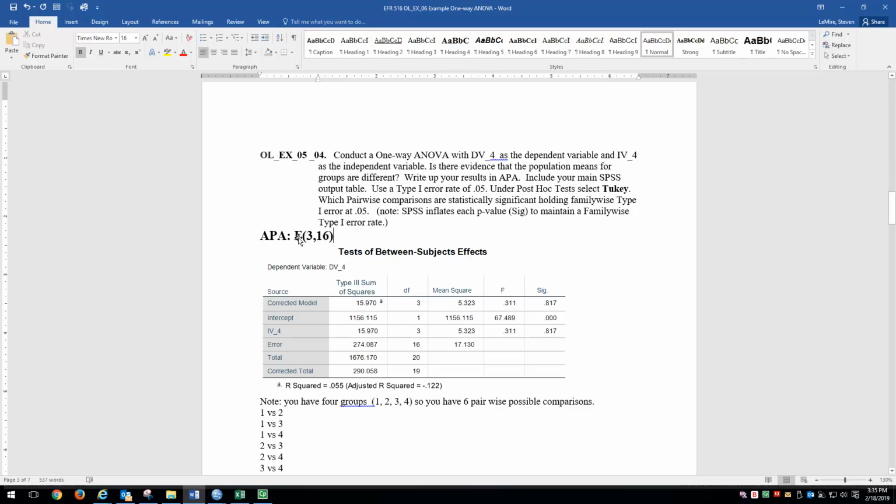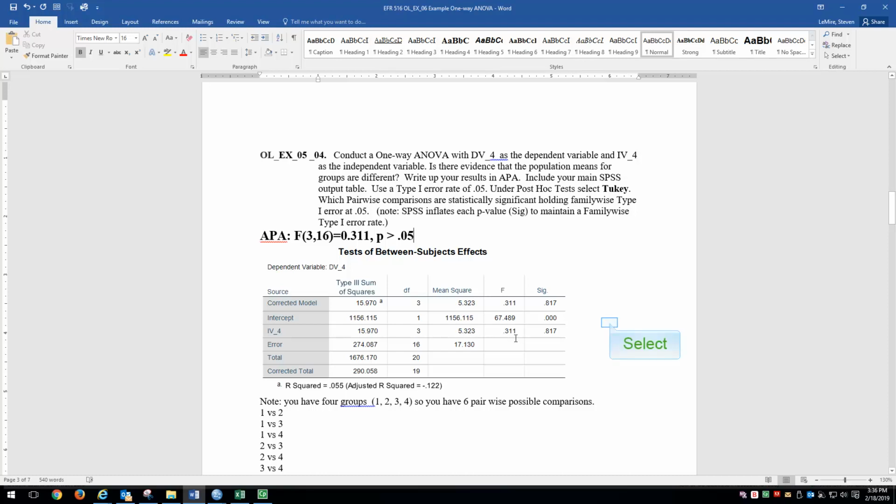I got the 3 from my row here for the independent variable, and it's equal to 0.311, comma, and then the p is greater than 0.05, because we see our p-value is 0.817. So we failed the omnibus test here.